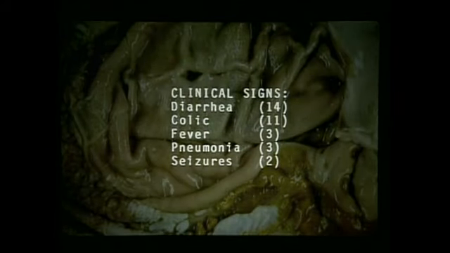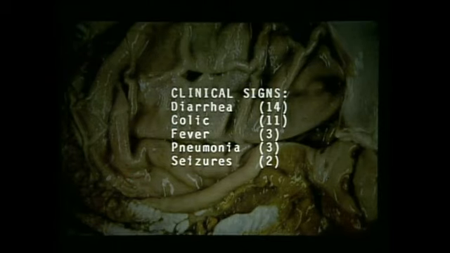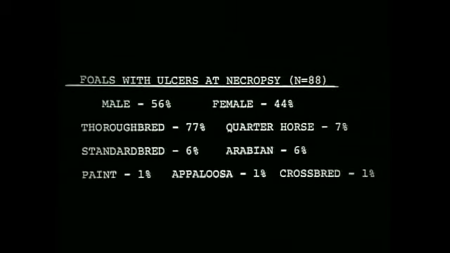Characterized by diarrhea, colic, painful situations associated with the abdomen, bruxism, rolling, fever, pneumonia, and seizures. What are we talking about? Well, we are talking about a situation whereupon ulcers develop in the stomach or duodenum or in the esophagus.